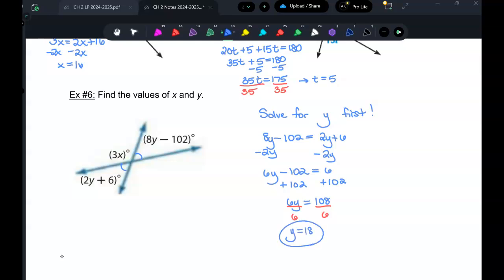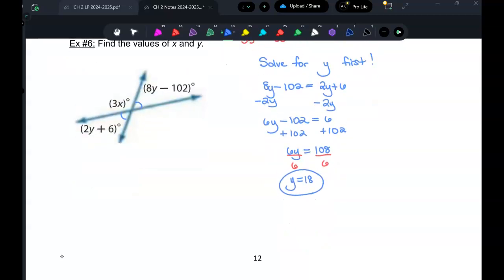Almost done. I need to now figure out what x is equal to. There's more than one way to solve it. Avery, what do you think? Doing 2 times 18 plus 6. Can I plug 18 in here to figure out this angle measure?